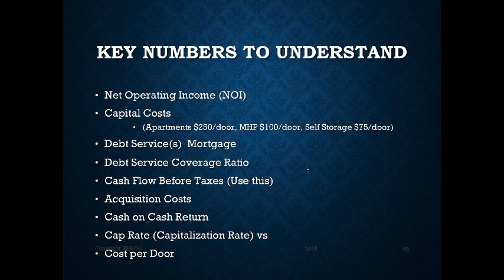And so my net operating income is going to be $2,500 less, right? So let's talk about debt service. The debt service is basically your mortgage and the interest on that mortgage. The debt service ratio is the second most important number that we need to know after the net operating income.